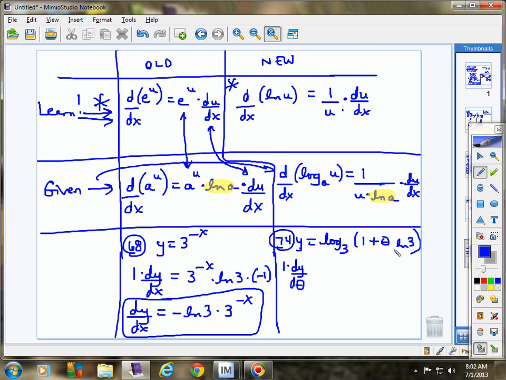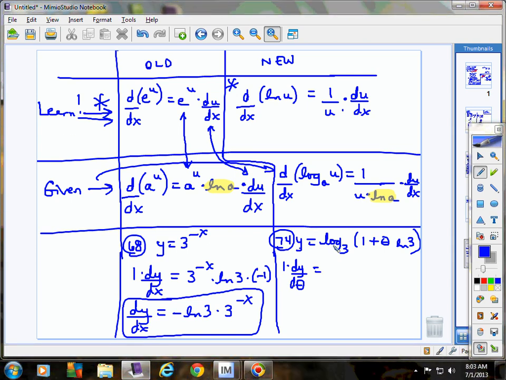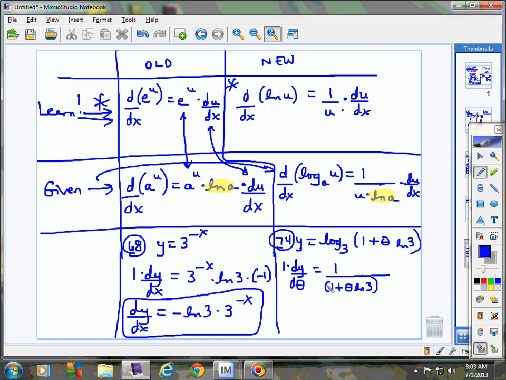So we've got thetas instead of x's this time. Equals. If it were ln, wouldn't I put 1 over the stuff? So I'm going to put 1 over my stuff. My stuff is 1 plus theta log of 3. That's the u here, that's the jump.